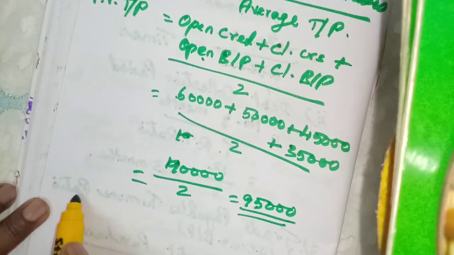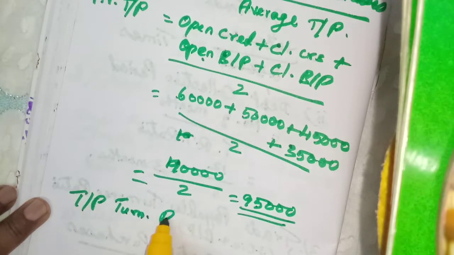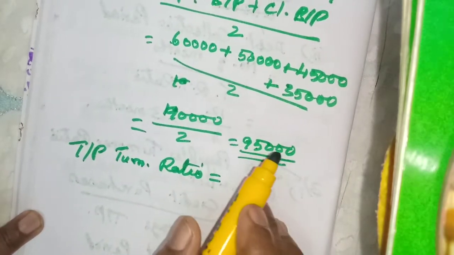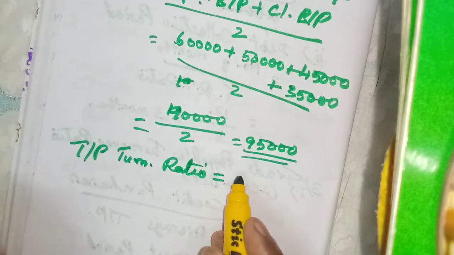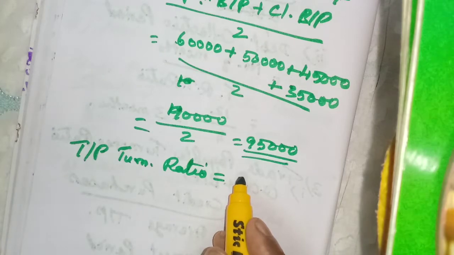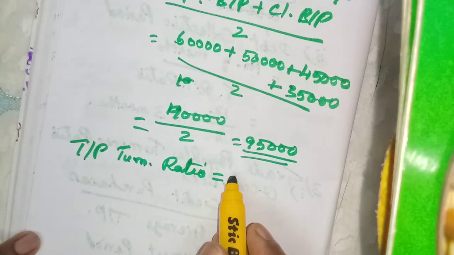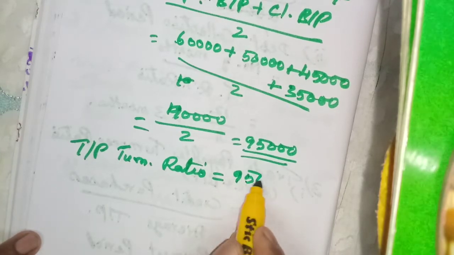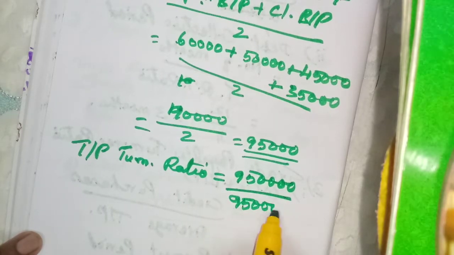So now the trade payables turnover ratio. Credit purchases given in the problem 9,50,000 divided by 95,000.